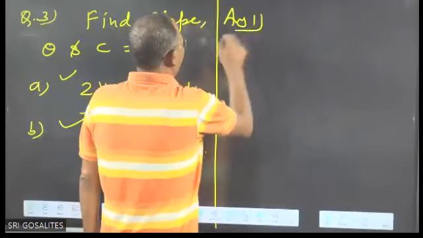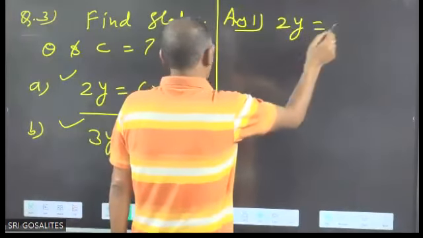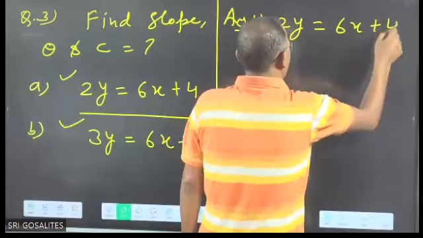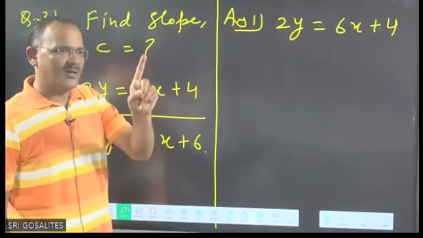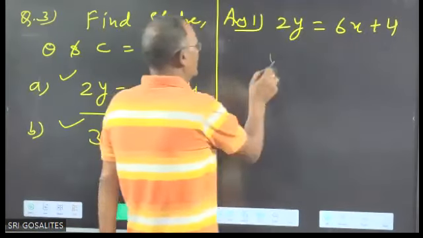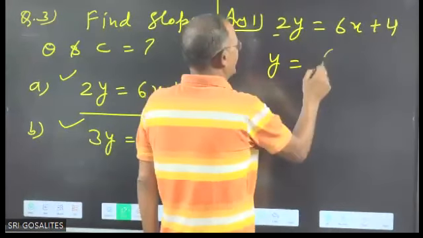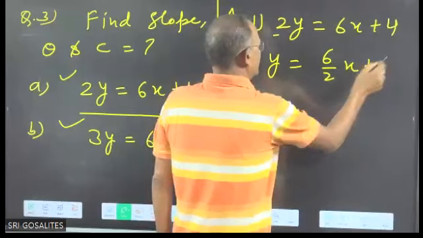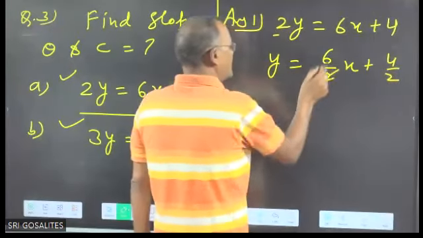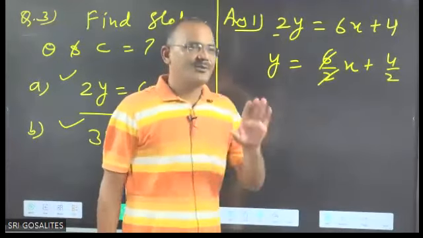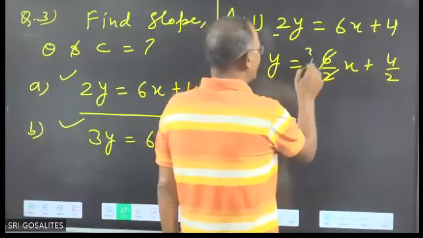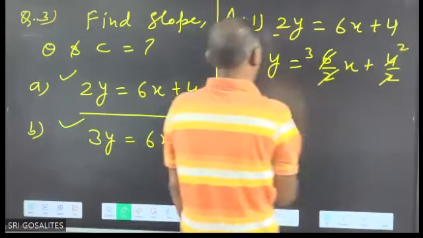What does it mean? This is 2y equals 6x plus 4. But in the standard equation, I need y with order 1. So if I divide by 2: 2 ones are 2, 2 twos are 4, 2 threes are 6, 2 twos are 4.